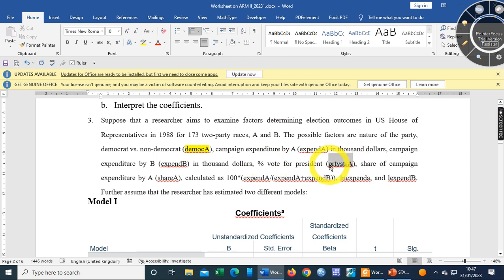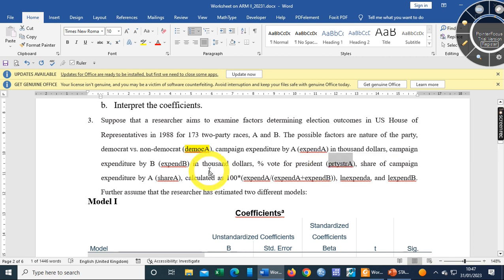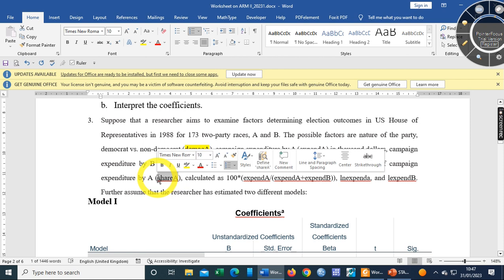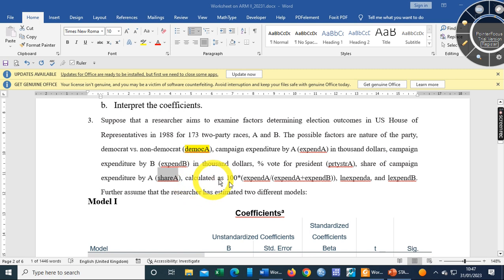Share of campaign expenditure by A, calculated as expenditure made by A divided by the summation of expenditure of the two parties multiplied by 100, and then the natural logarithm of expenditure of party A and the natural logarithm of expenditure of party B.